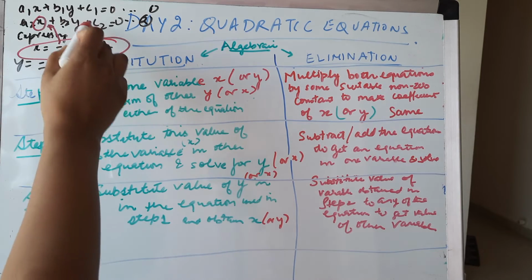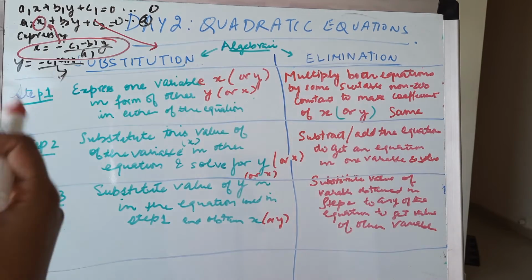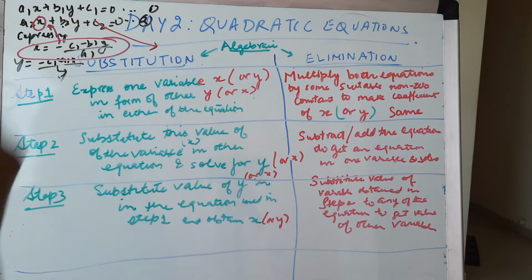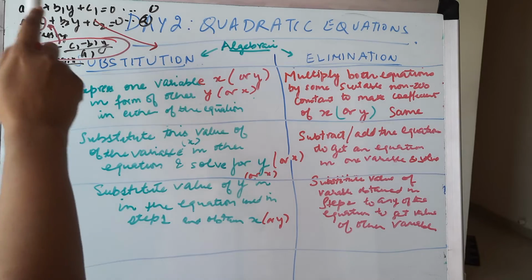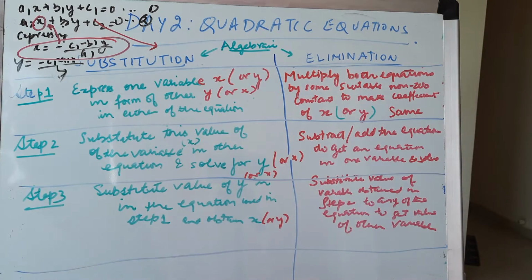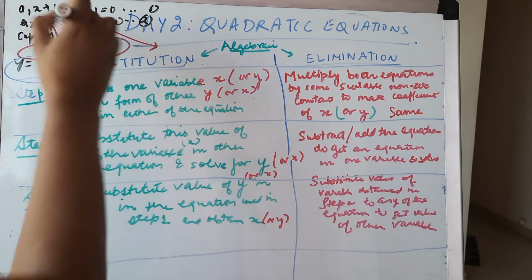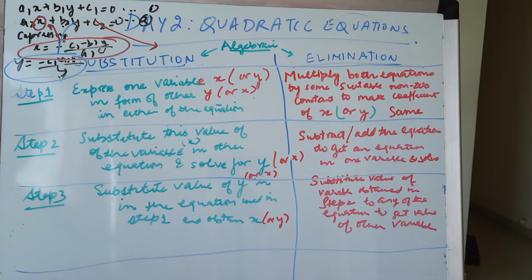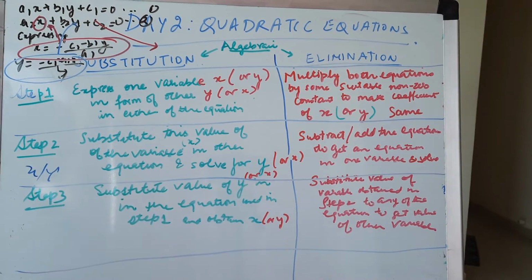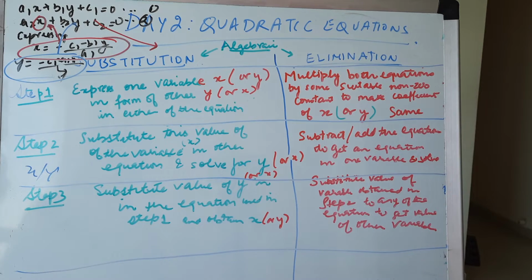Now everything is in y, so it becomes a linear equation in y and we can solve for y. Similarly, if we had expressed y in terms of x, we would have substituted the value of y in this equation and solved for the value of x. So either x or y, you are solving in step 2.